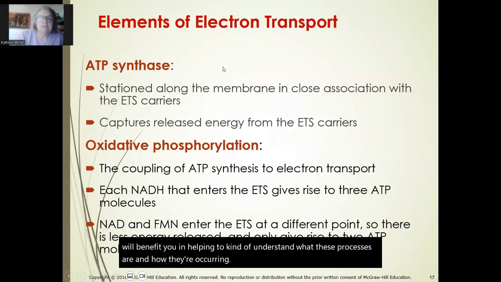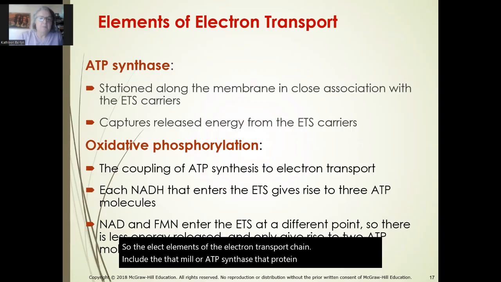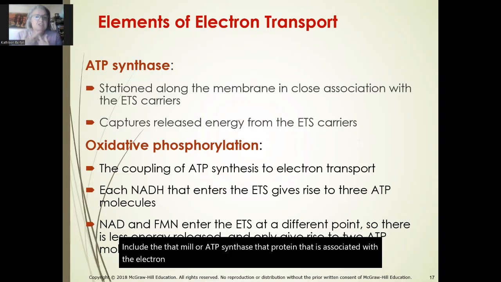So the elements of the electron transport chain include that mill, or ATP synthase, that protein that is associated with the electron carriers and actually captures that released energy. As the protons travel through it, it turns like a grain mill or something like that, to produce ATP.